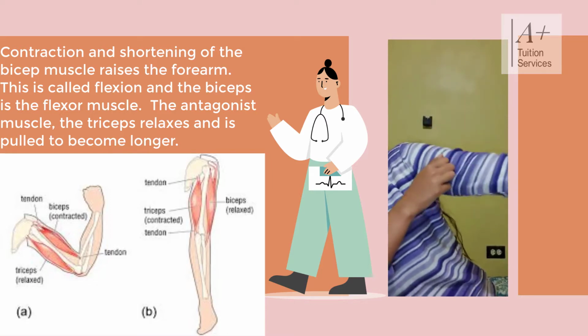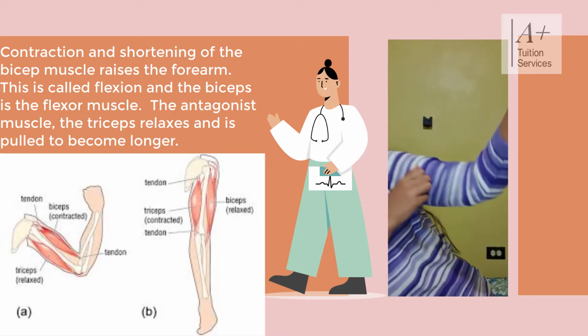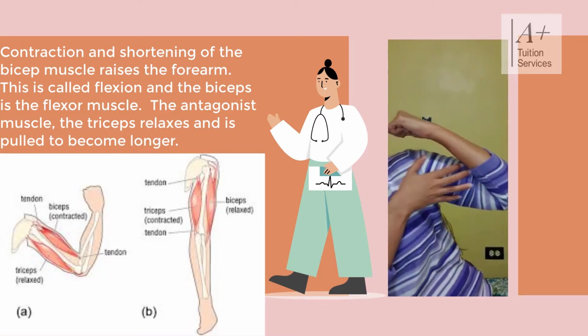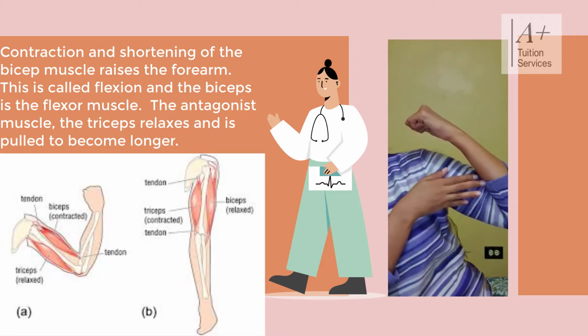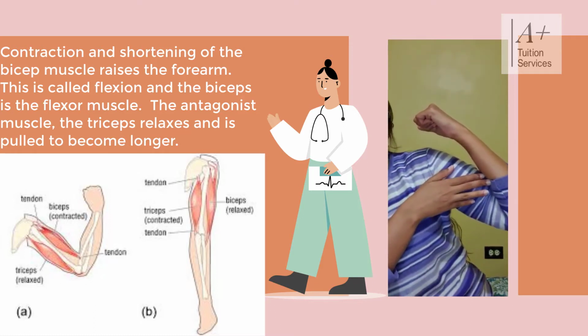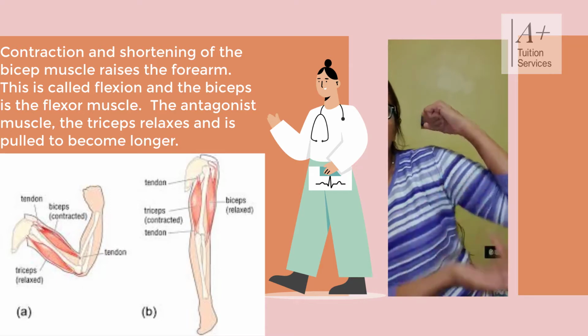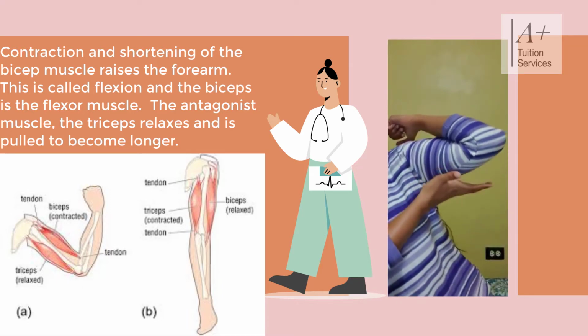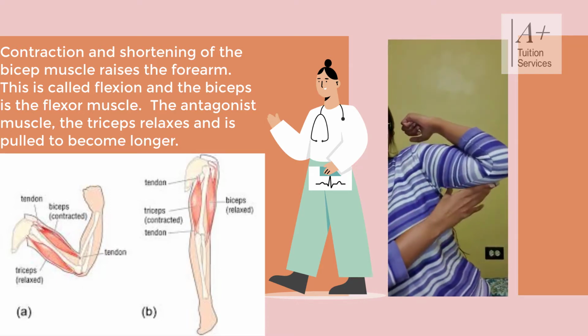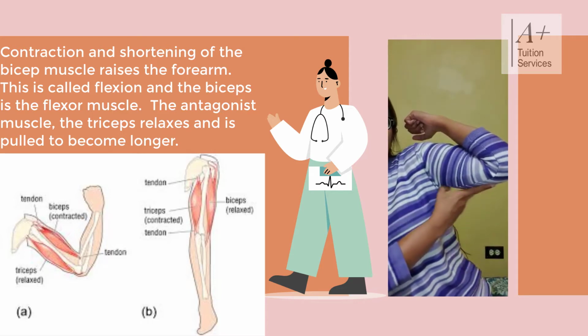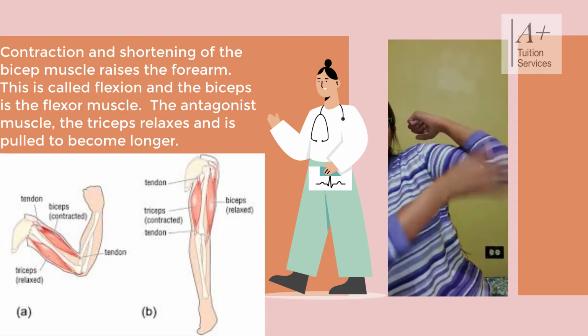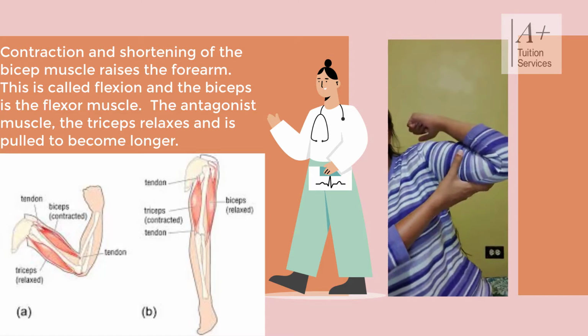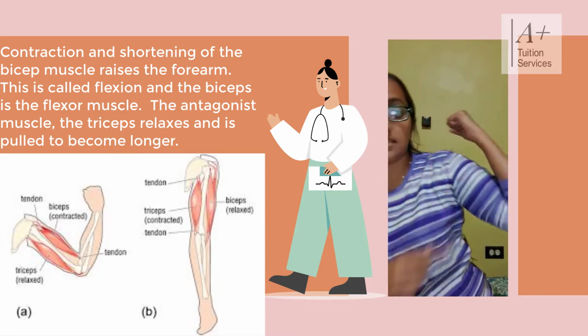This is the movement of bringing the forearm from outward to inward, which is flexion. So your bicep is your flexor muscle, and the antagonistic muscle, your tricep, is relaxed and pulled to become longer. So the tricep becomes pulled when the elbow flexes.